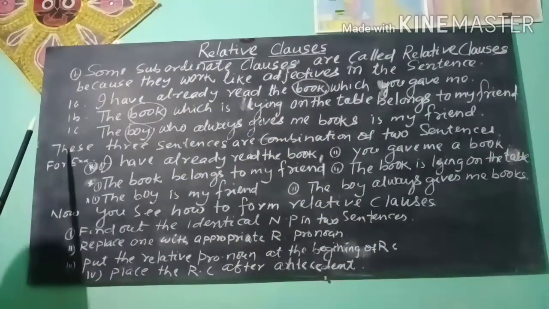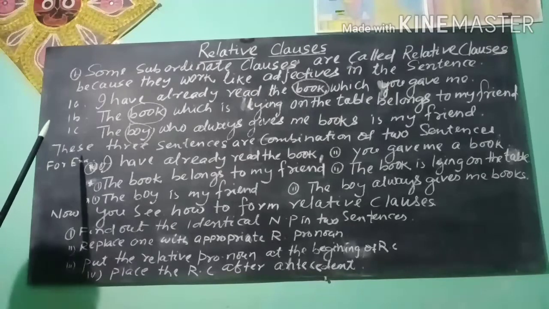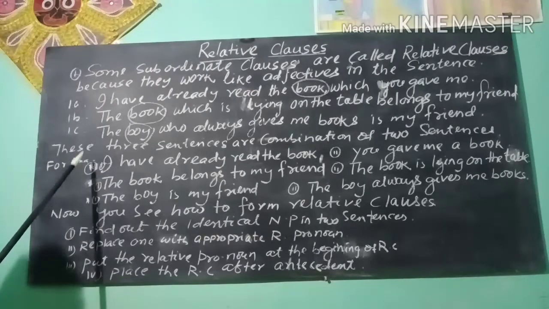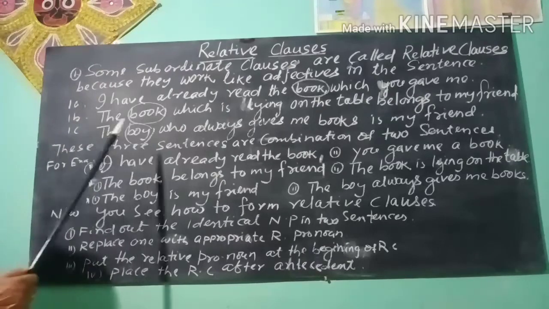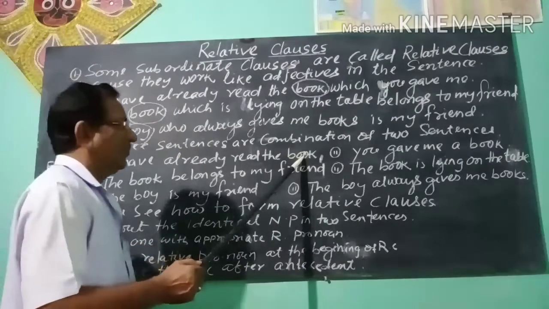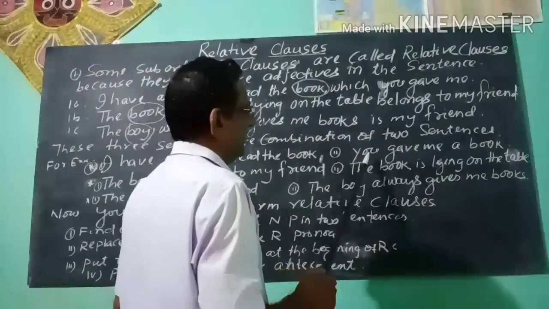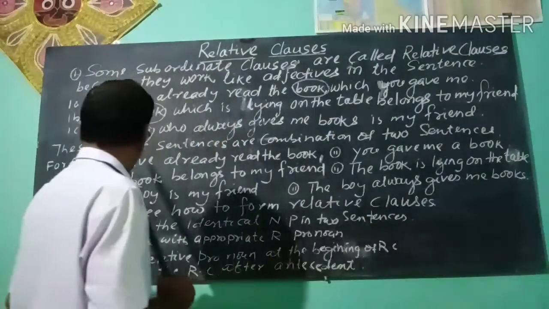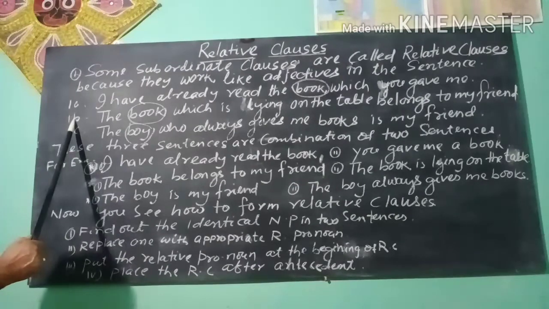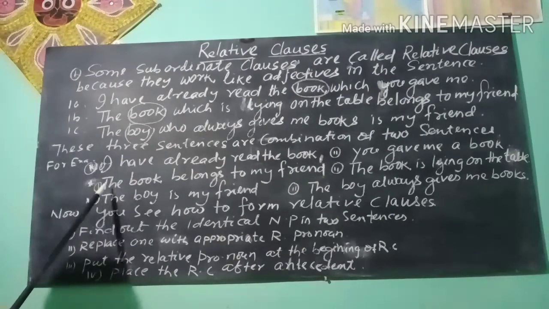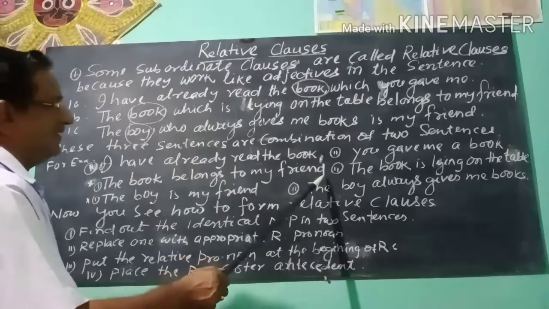If we describe them, 1a is the combination of two sentences. First, I have already read the book. Second, you gave me a book. Next, 1b. One sentence: the book belongs to my friend.